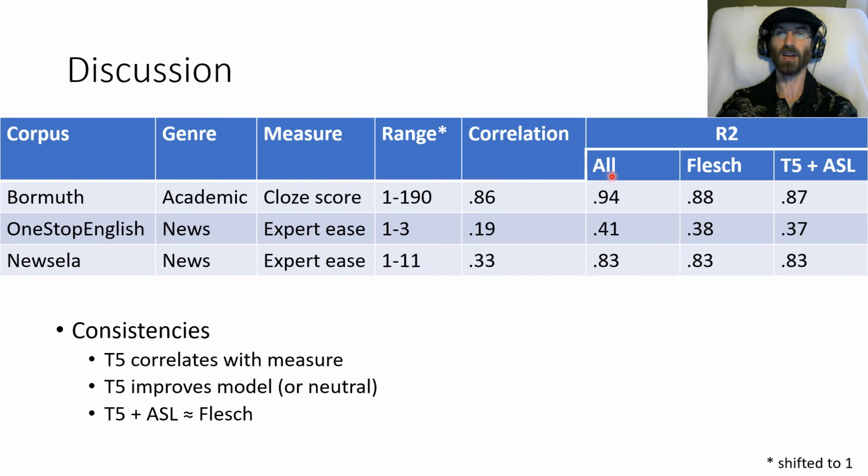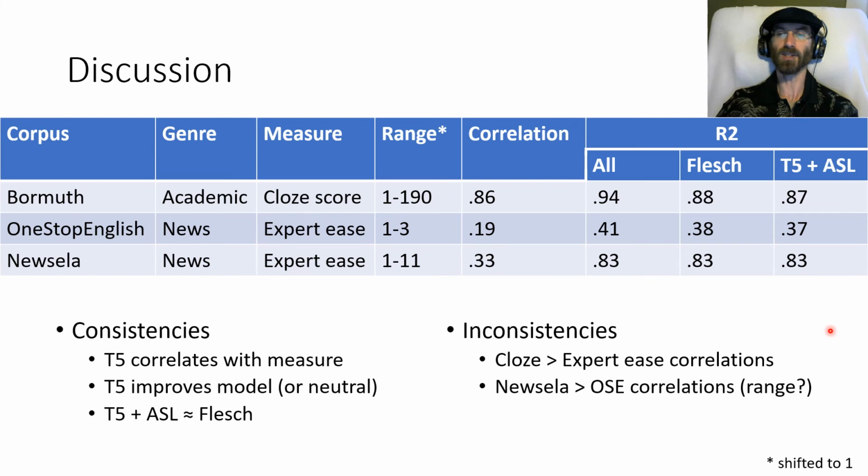And we can see that T5 always improves the model over Flesch, or it's neutral, as in the last case. And we also see across all three that T5 plus ASL, or average sentence length, is always about the same as Flesch. So it's very comparable to Flesch when used by itself, or used in that combination.